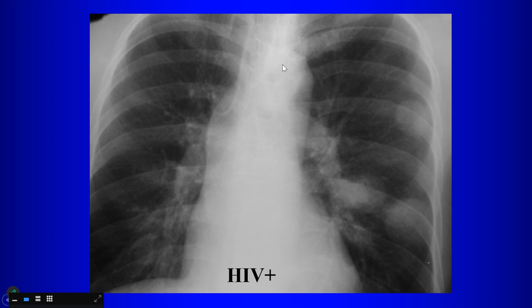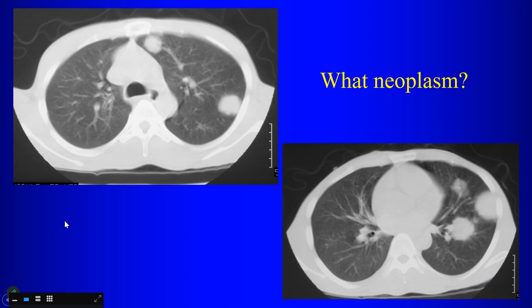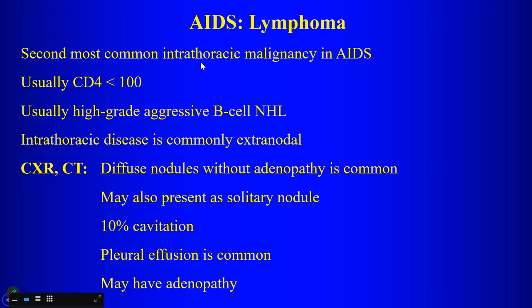But in terms of neoplasms in HIV-positive patients, the two neoplasms that we consider are what? You mentioned one, lymphoma, and we covered another one also. Kaposi's, right. Those are neoplasms you need to think about in patients who are HIV positive. This was an example of lymphoma.